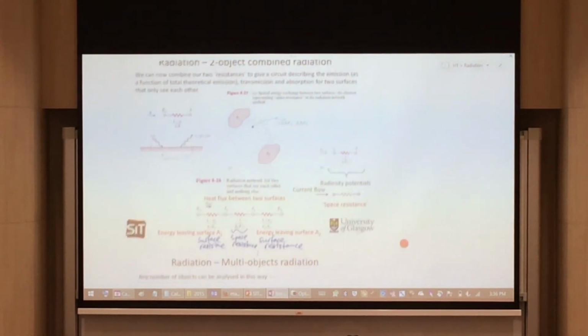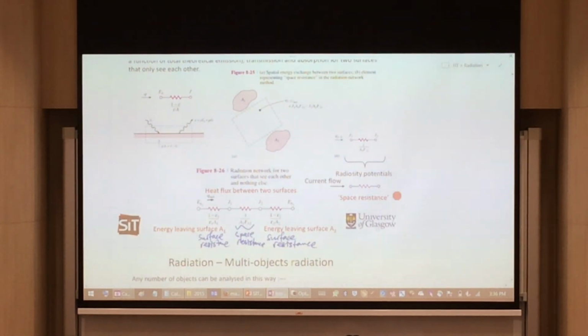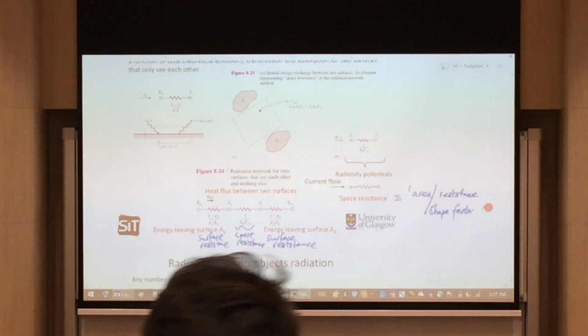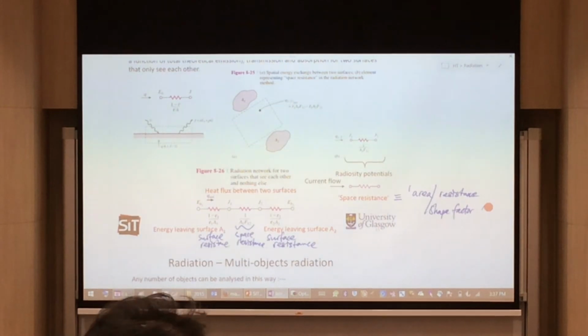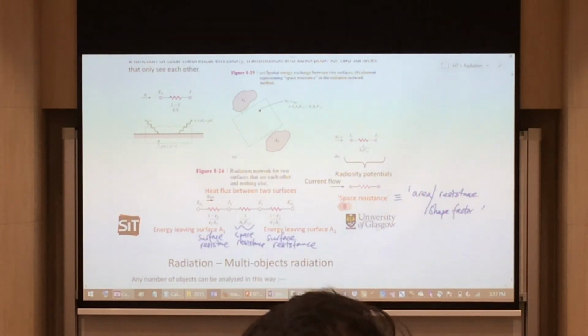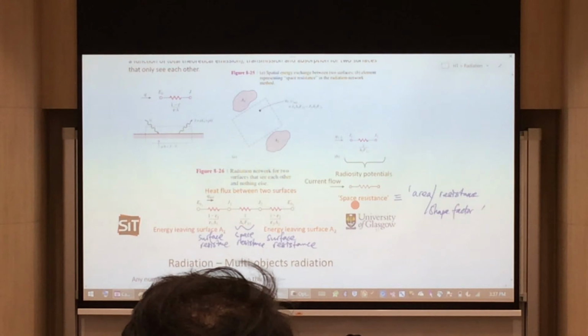Now, some textbooks write space resistance using another word. Sometimes you get to see area resistance, or actually area or shape factor resistance. Some textbooks will write it that way. But here, we're going to call it space resistance. If you see the other words like area or shape factor resistance, they mean the space resistance.